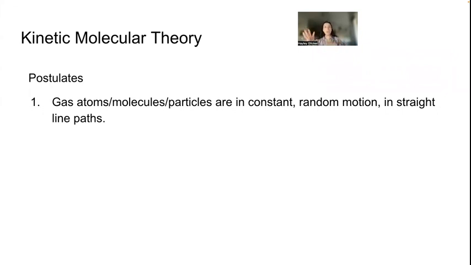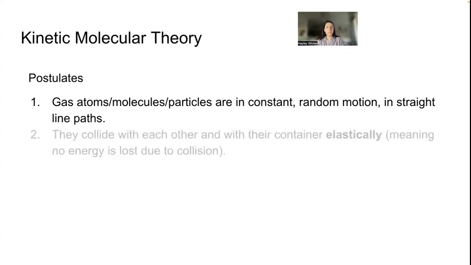So gas molecules are constantly moving around. They don't have a specific direction. They move in a random direction until they collide with a wall of a container or they collide with each other, which will change their direction, but they still stick to moving in a straight line path.